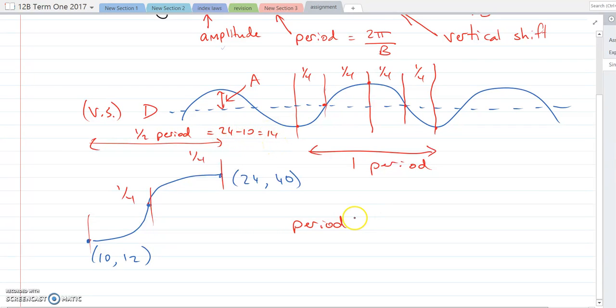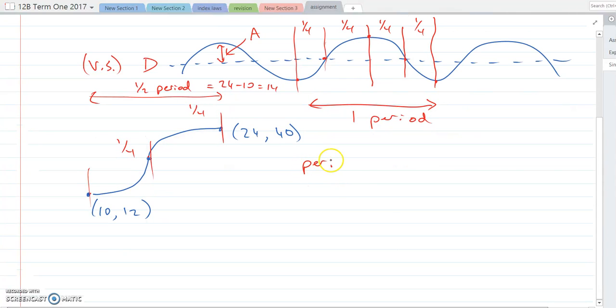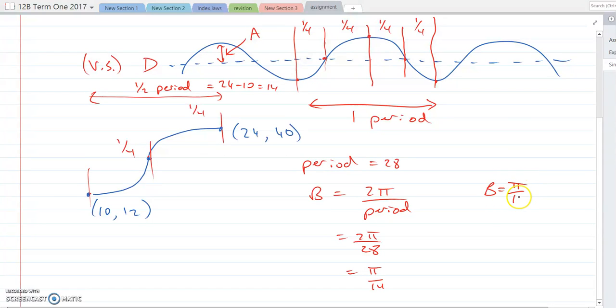So 14 is half my period, so my period has to be 28. The formula for period is 2 pi over b, so b is 2 pi over the period. So it's 2 pi over 28 equals pi over 14. There's my b, pi over 14.